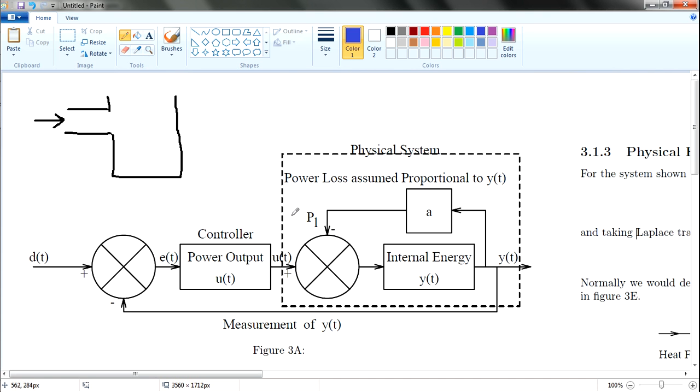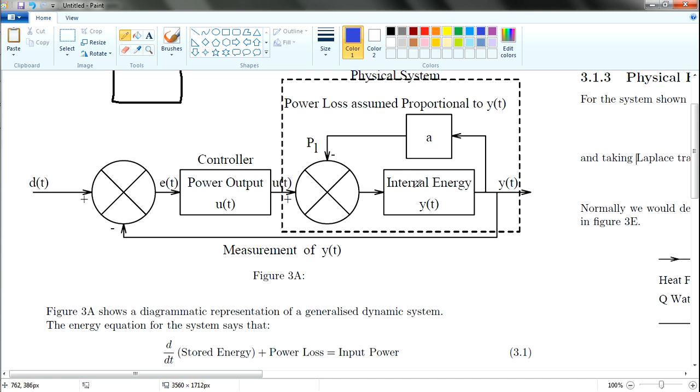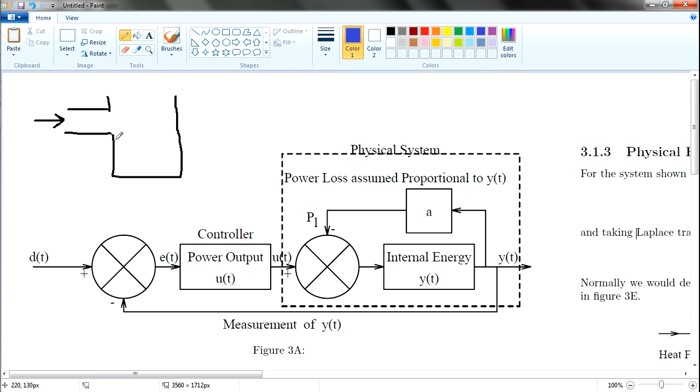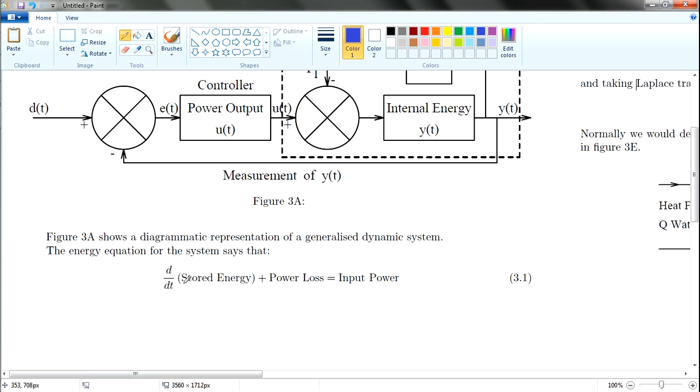Just to start off back here again, if you remember, this is the internal energy, which is maybe the amount of water you have. When you have a certain input, an amount of water flushing in, eventually there is a change in the internal energy.